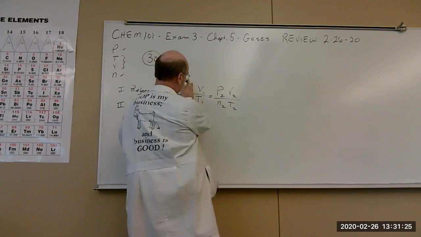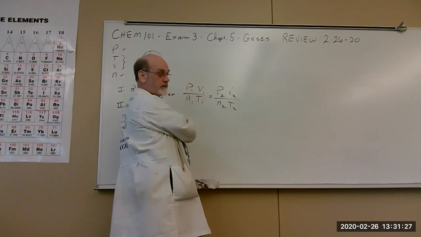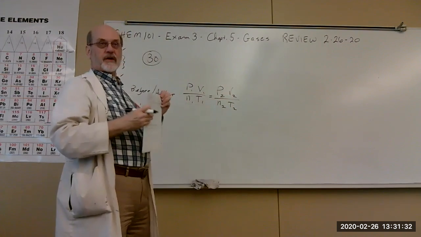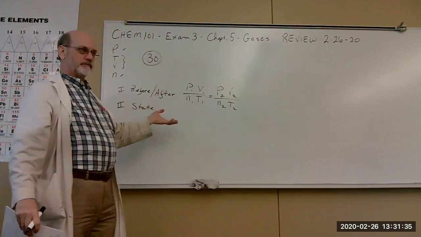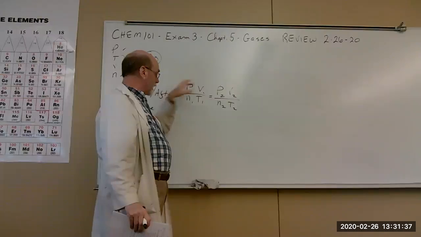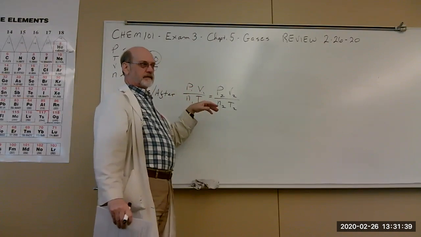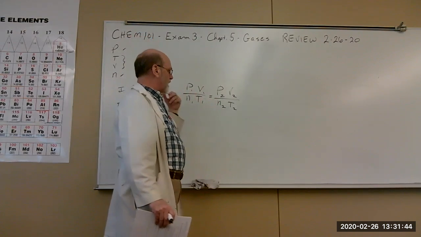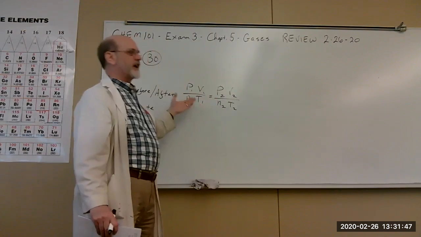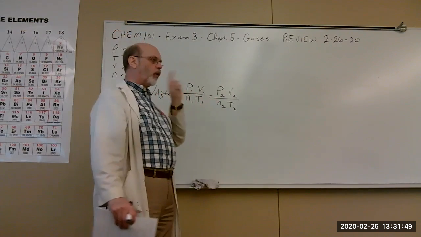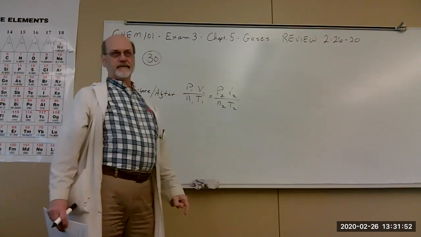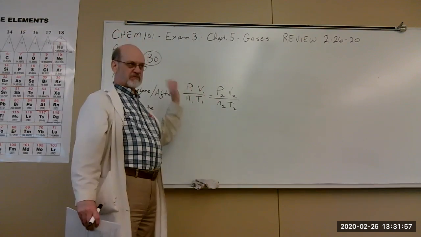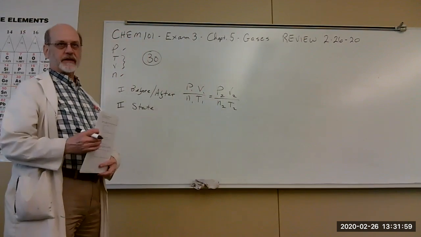If you hold these two constant, you have Charles' law. And if you hold these two constant, you have Avogadro's law. That's why the combined gas law is so useful. If you vary all of them, you can still solve it. It's just that the information has to be given in such a way that only one unknown exists. With one unknown, you can solve it. If there are two or more unknowns, you can't solve it, not with a single equation.